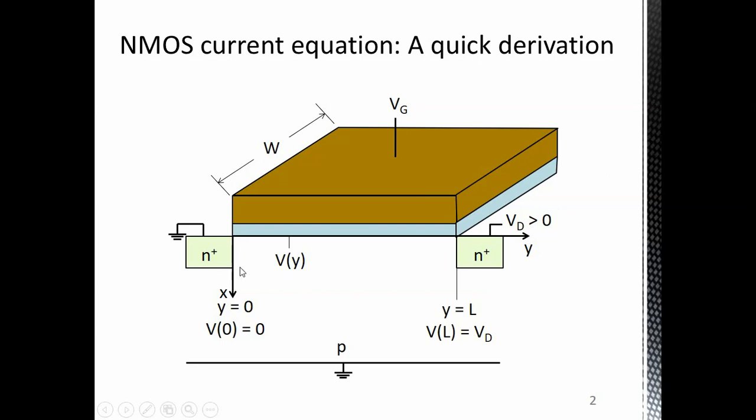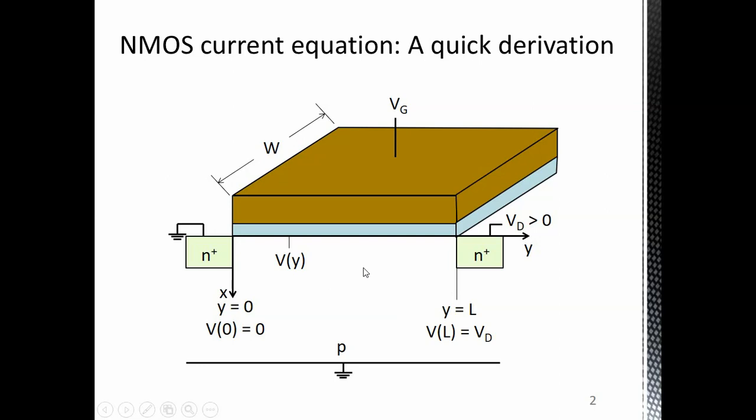There is a source body depletion layer, drain body depletion layer, and the extent of the depletion layer affects the definition of this length from here to here. That length varies. If the substrate doping is higher, the depletion layer is narrower. That affects the definition of the channel length.